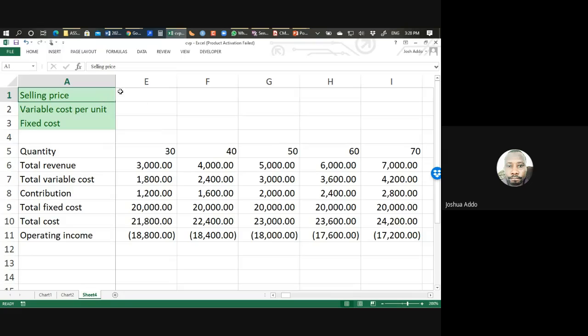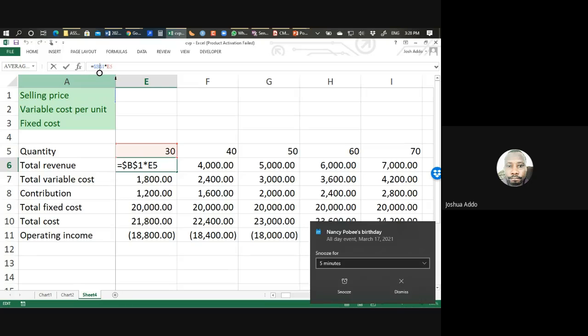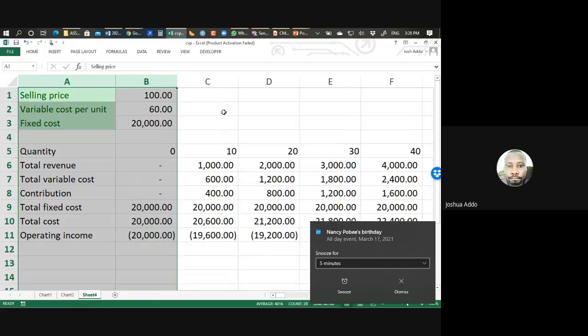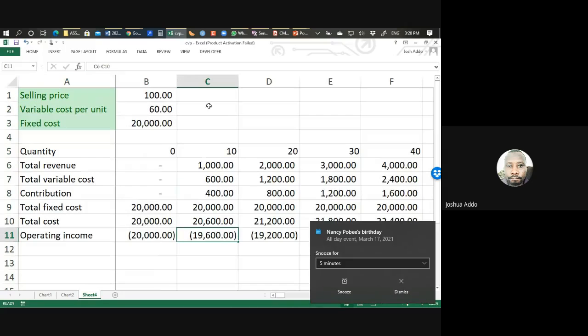So we capture our key input variables, which is the selling price, and we have our quantities.